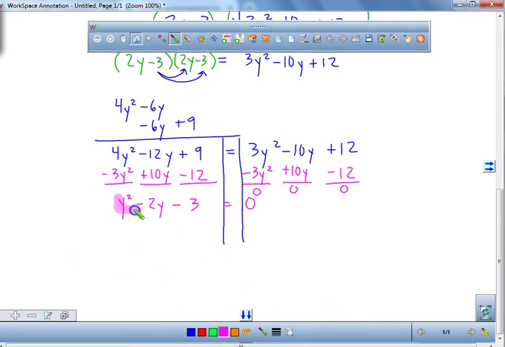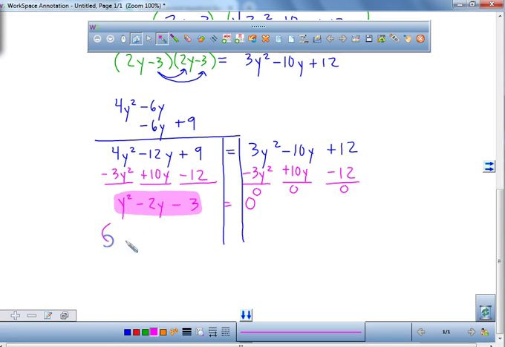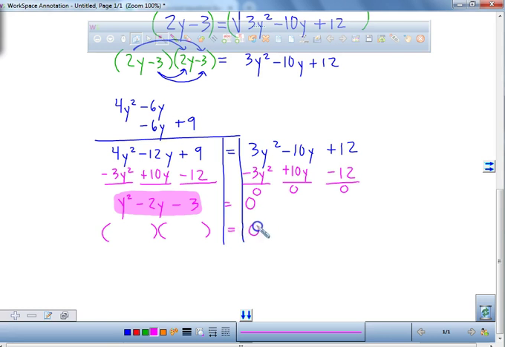Now that I have this, what do I want to do if I can? I'd like to try to factor this guy. So we're going to try to factor this quadratic equation. When you're factoring, you're looking for two numbers that multiply together to equal that final number, which is a negative 3, but those same two numbers add up together to equal a negative 2.